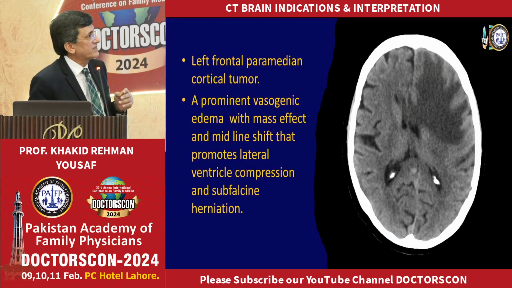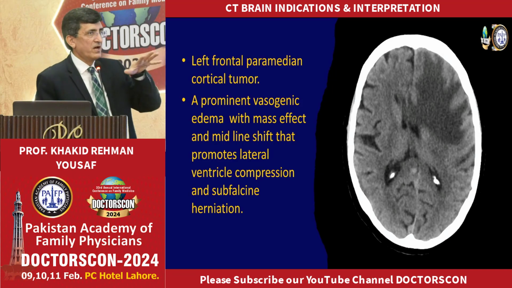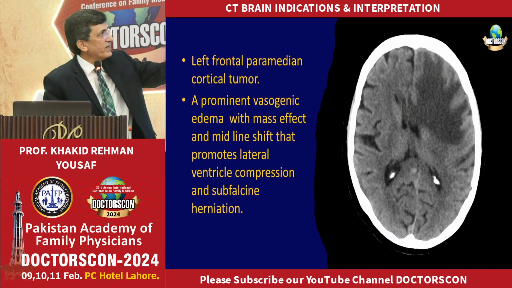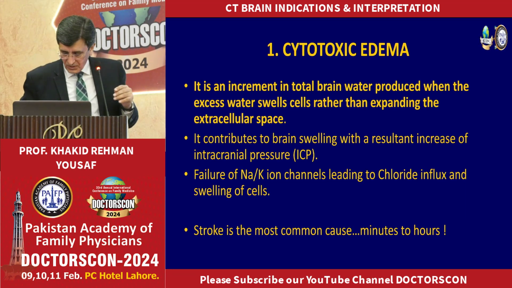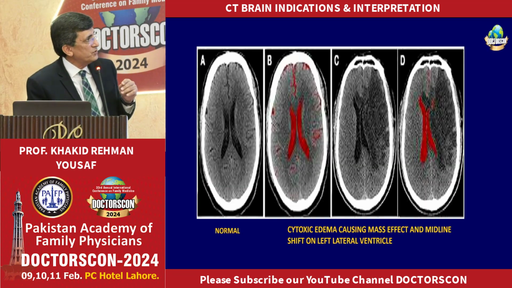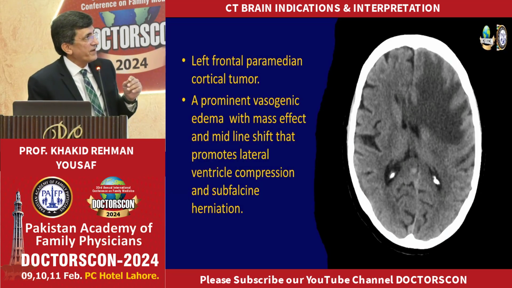This is one of the examples of vasogenic edema. It has a very peculiar appearance. This is a finger-like appearance. You see fingers. If we go back, the cytotoxic was more diffuse, but this one has a finger-like appearance.